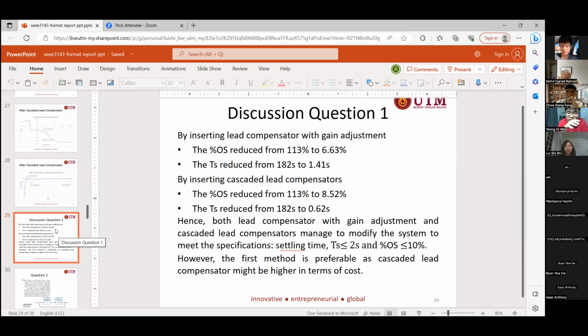Both of them meet the specification: TS less than 2 and OS less than 10%. But we think the first method is more preferable because the cascaded lead compensator might be more expensive, as it needs more components.